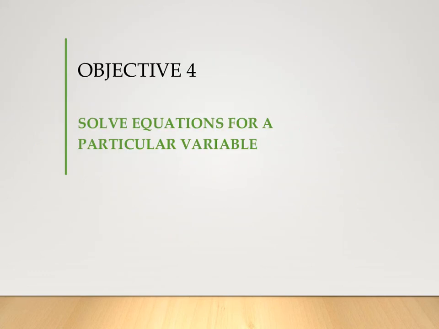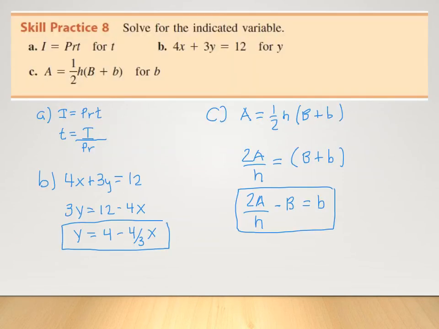So now we're solving equations for a particular variable. So in all these equations, we're just solving for a particular variable. In the first one, it's for t. And so, as you can see, we isolate t on one side of the equation. We divide by PR, and here's our answer.